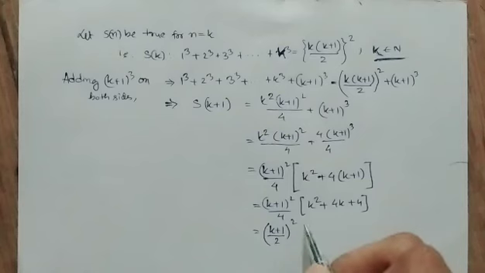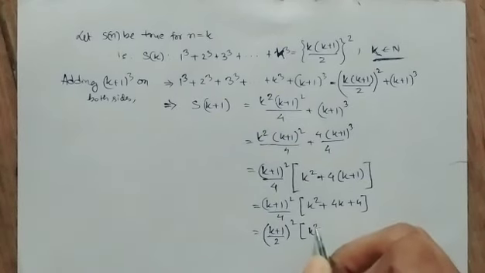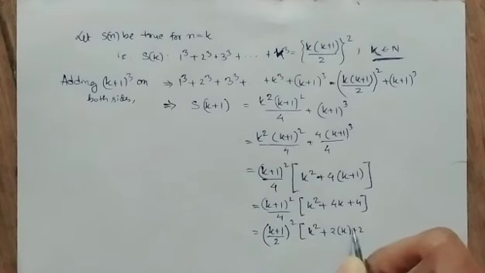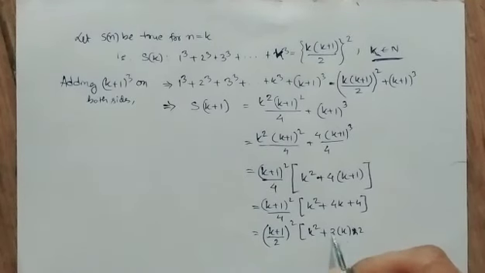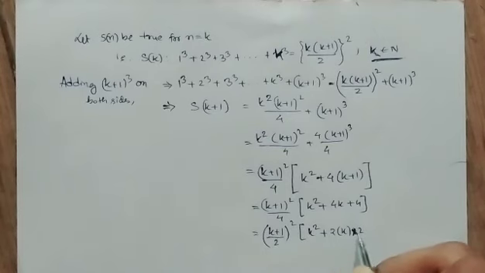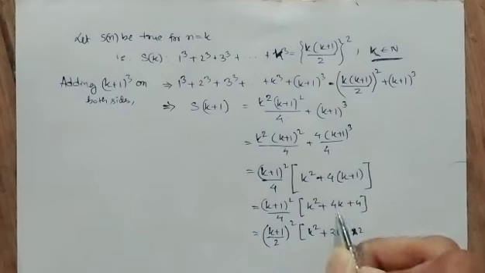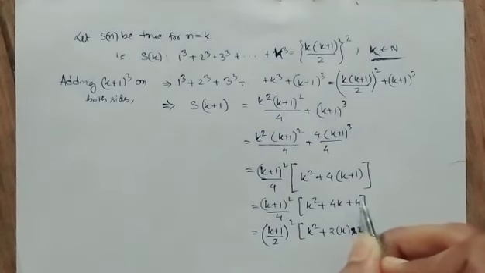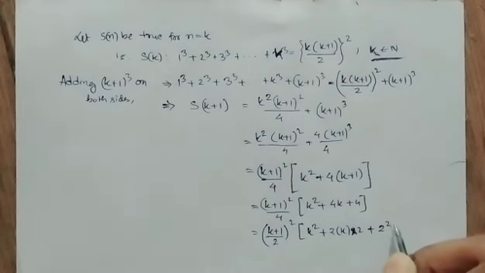If you look at this, you can write k square plus 2k into 2. 2 into 2 is 4, into k, it's 4k. 2k into 2 is 4k, plus you can write this term 4 as 2 square.